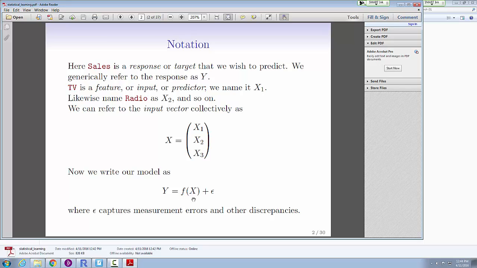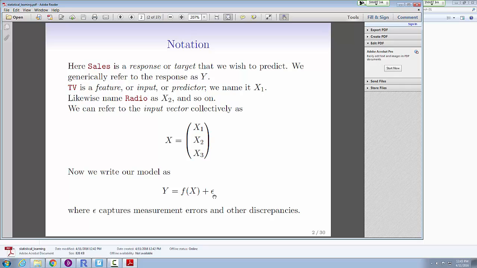We allow for a systematic relationship between the response and the predictors. So Y equals some function f of the input variables plus some random error. The random error, those epsilons, are there to allow for the fact that we're not going to actually see a deterministic relationship in practice.